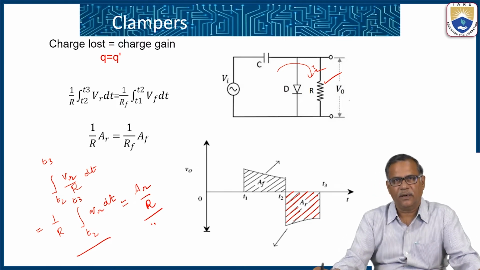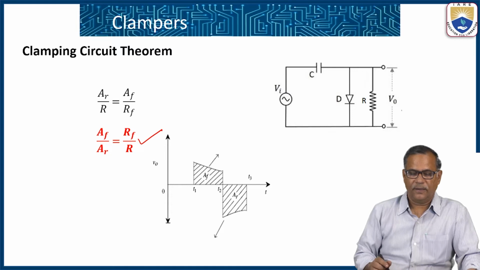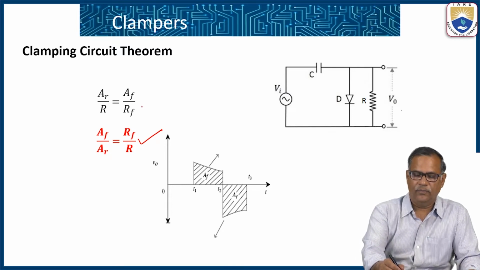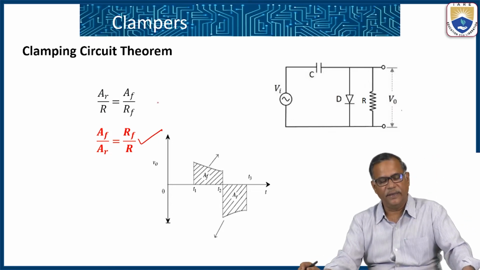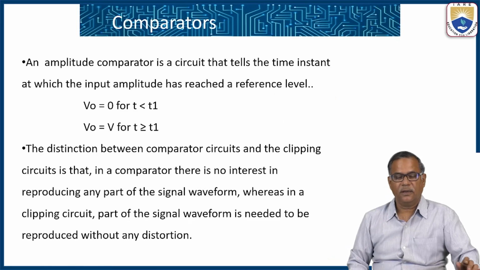So we say that 1 by R integral T2 to T3 VR dt is equal to 1 by RF integral T1 to T2 VF dt. That gives us AR by R is equal to 1 by RF AF, and putting it the other way, AR by R is equal to AF by RF. So you bring AF here, or you can take AR this side, then you get AF by AR is equal to RF by R.